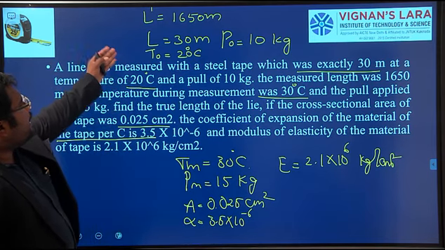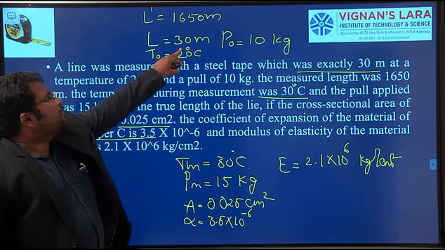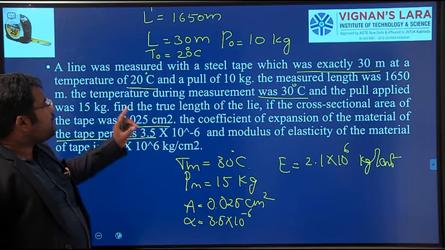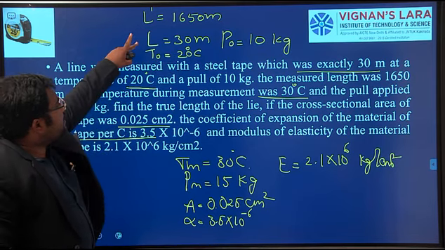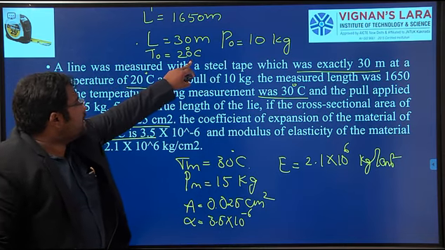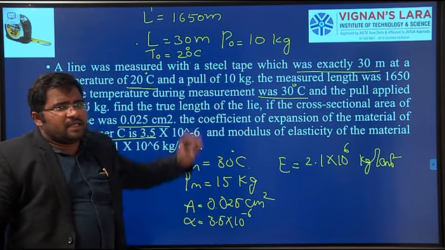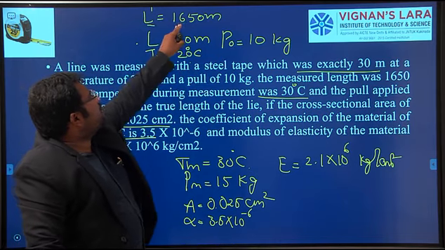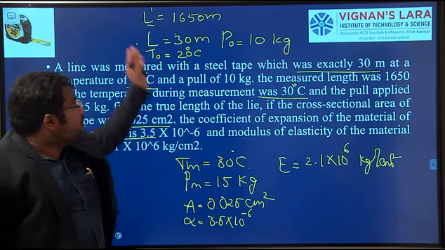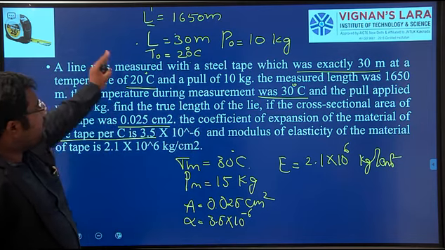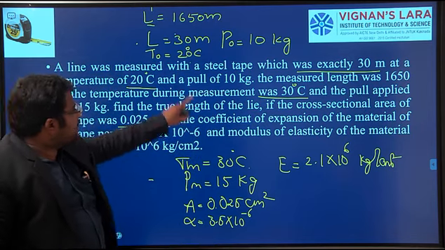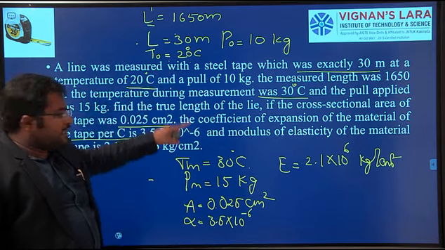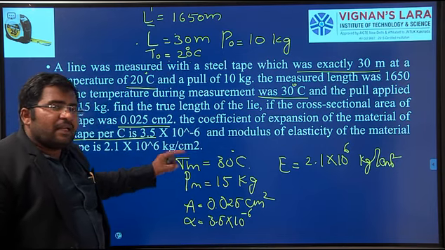We have a tape exactly 30 meters in length, and that length was at 20 degrees centigrade with a normal pull of 10 kg. But using this tape we measured a length of 1650 meters. During this measurement the temperature was 30 degrees. Normally it is 20, but here the temperature increased by 10 degrees centigrade.